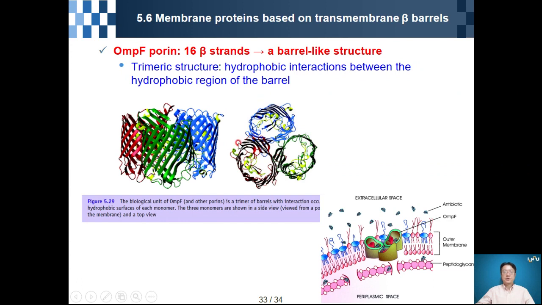Between each monomer, hydrophobic interaction happens, between the hydrophobic regions of the barrels. Through the channel, the small polar molecule can be transported into the periplasmic region. So this is the OmpF porin, which exists as a trimeric structure.